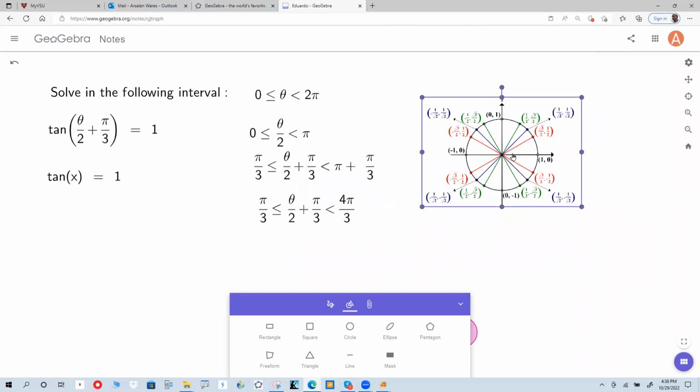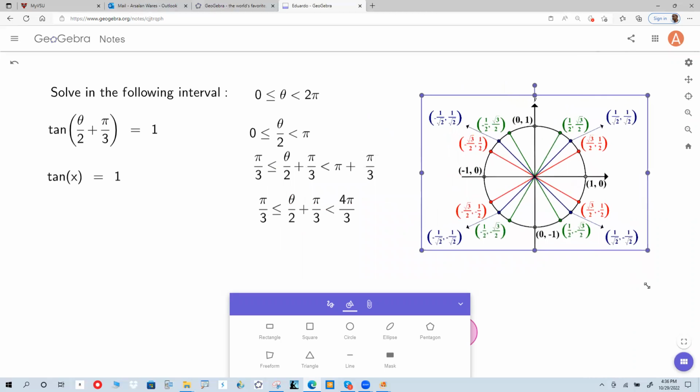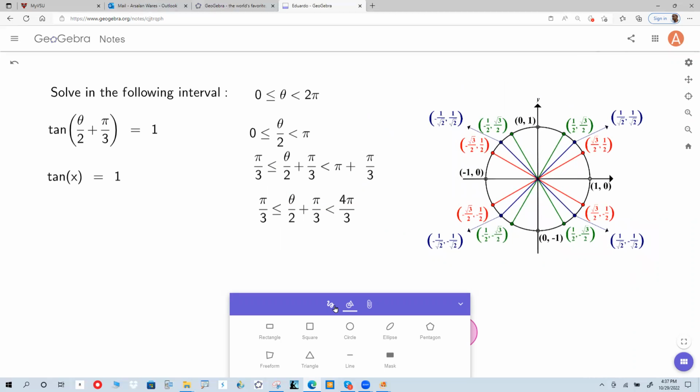Here's the unit circle. And I know that tan x is 1 here, here, and here.